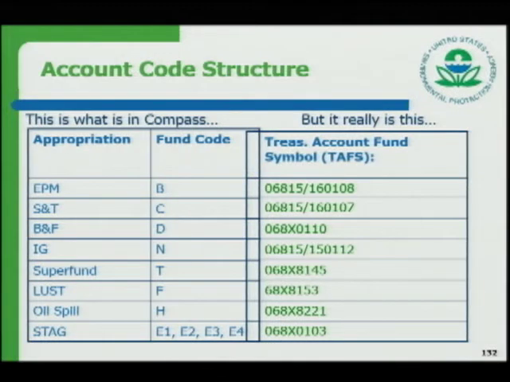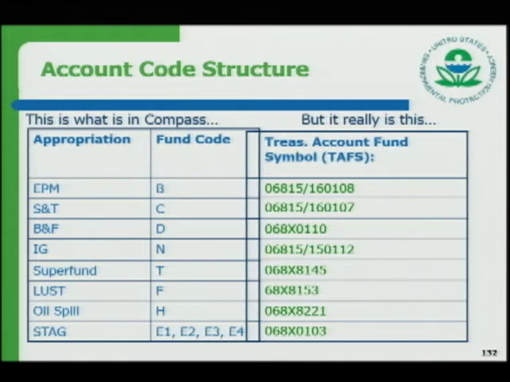On the right side of the slide, basic formulation, the first three, 068. 68 is our agency identifier. Everything's going to begin with that. If it has 15/16, that means it's a multi-year fund. If it's an X, that identifies that it's a no-year fund.